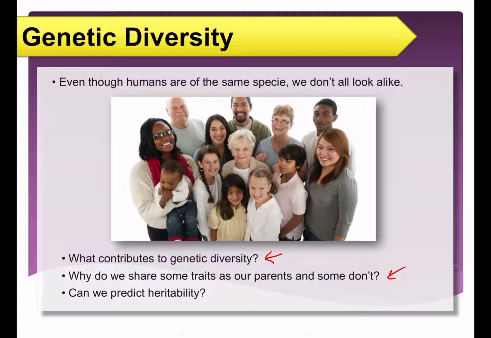And can we predict heritability? Can we put it into a math formula and calculate how likely, or what probability, you have of inheriting a particular gene from your parents? So these are the 3 questions we will be answering within chapter 11 and chapter 12.